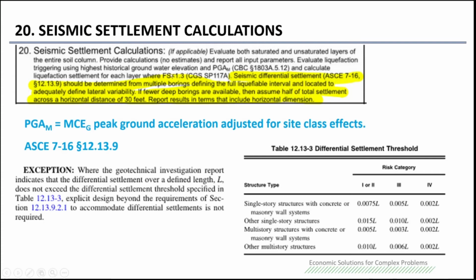And if you read item 2B, it indicates if field deep borings are available, then assume half of total settlement across a horizontal distance of 30 feet. That means they assume L is 30 feet. When you do the liquefaction-induced settlement calculation, you find the worst boring, then you assume half of the total settlement is the differential settlement.